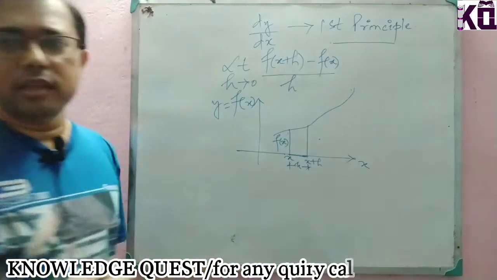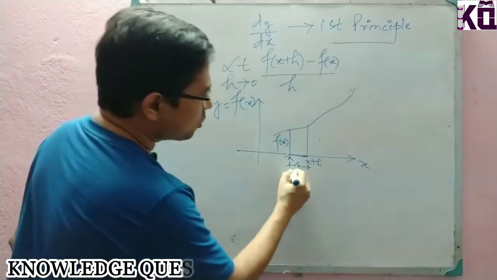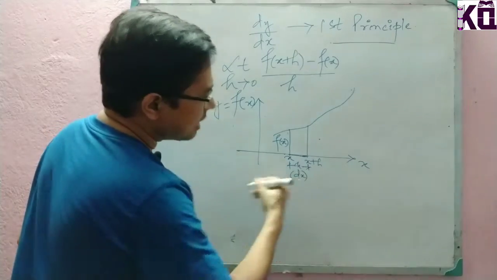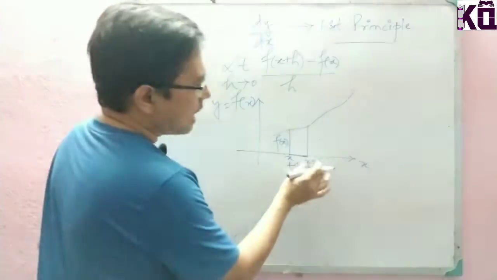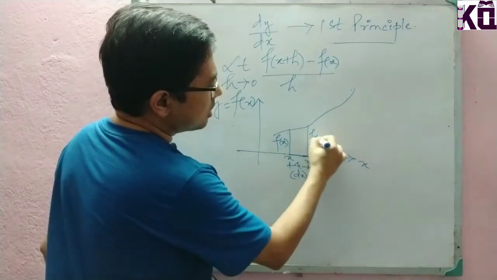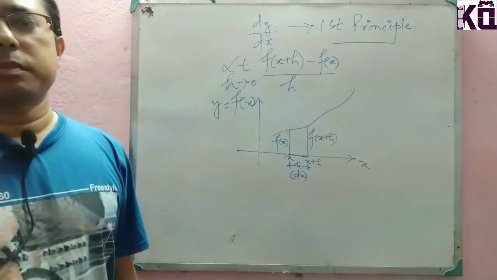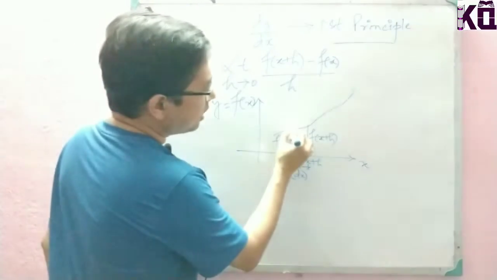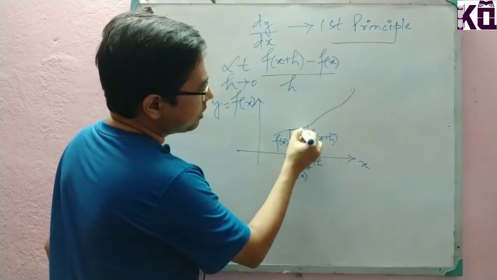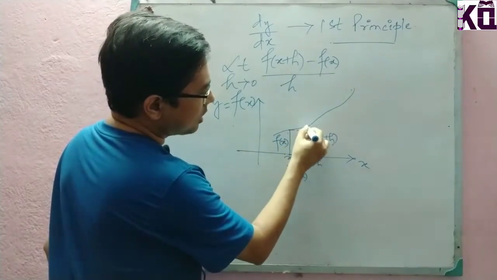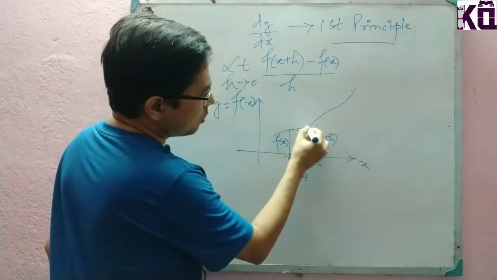This is the value h, or rather we can say this can also be represented as dx. Now at x plus h, this function has the value f(x plus h). Now what happens if I draw a perpendicular from this upon this one? That means this is one normal.